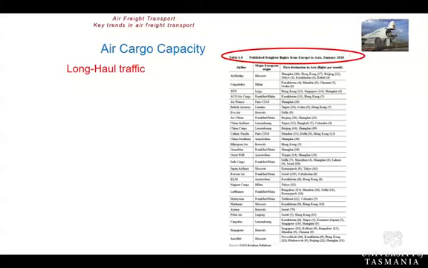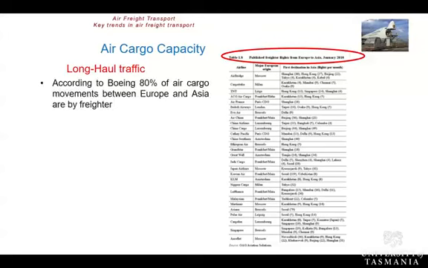That happens to be the year 2010. I think that doesn't make a great deal of difference. But on those routes, 80% of that air cargo is moved by a freighter, as I said before. On average, around about 42 freighter flights are occurring per day, and the majority of those are in Boeing 747s.